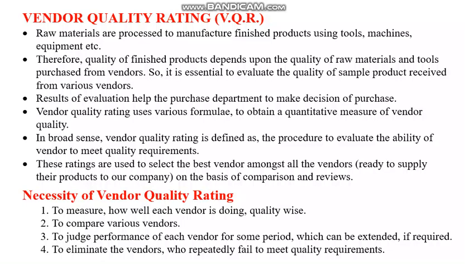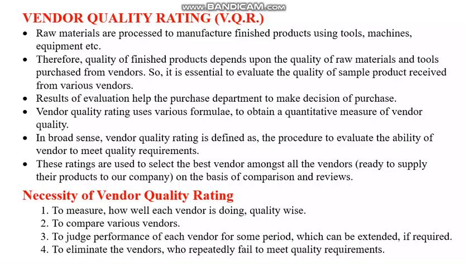Vendor quality rating uses various formulae to obtain a quantitative measure of vendor quality. Quantitative measure means you can rank them on a scale of 1 to 10, where this vendor stands. Or, as in online shopping, you would say star rating. This is a 5-star, this is only 1 star, this is 3 star.